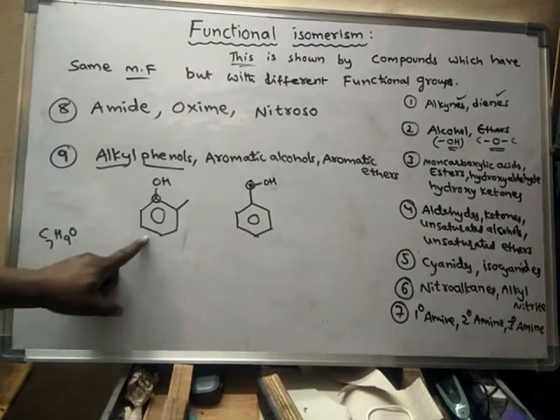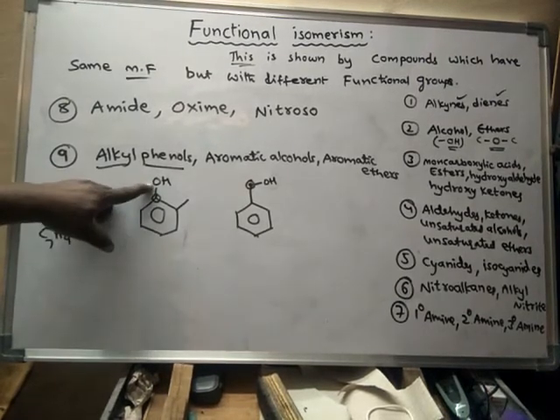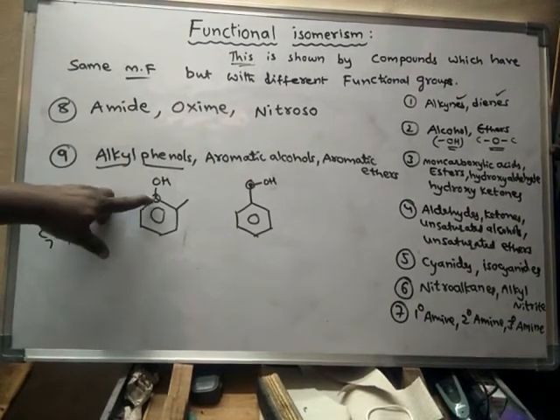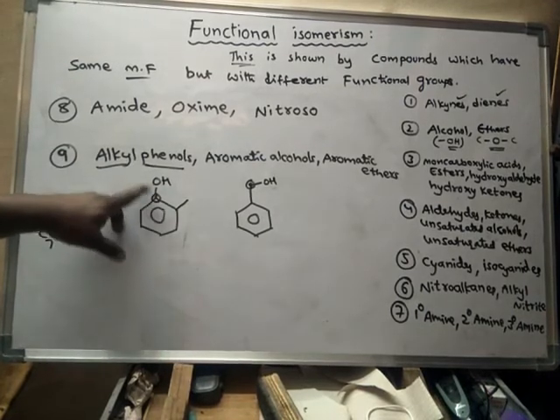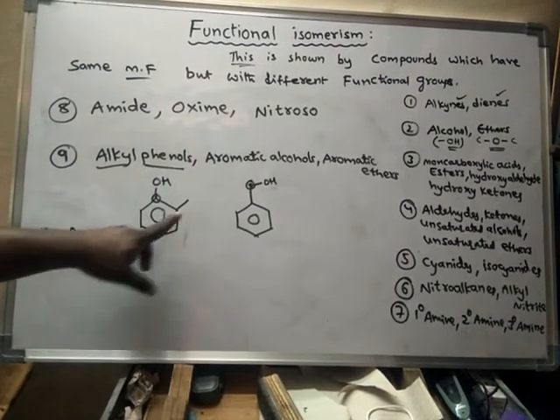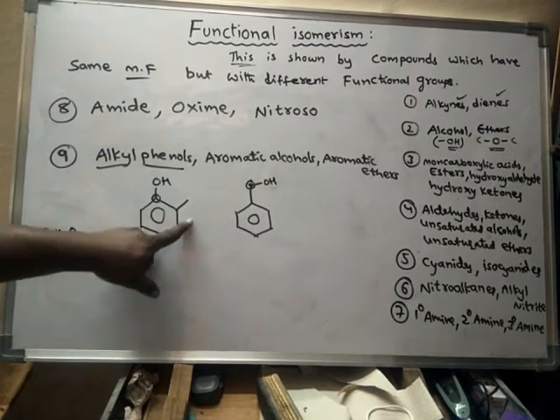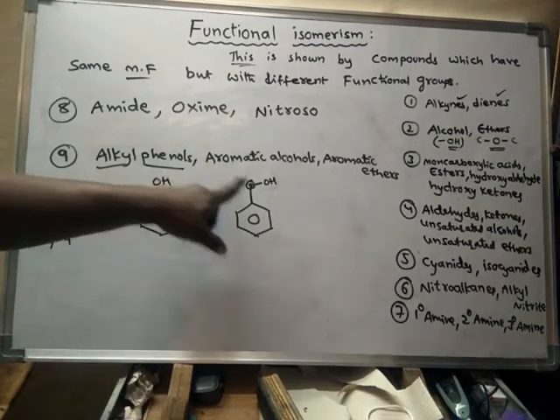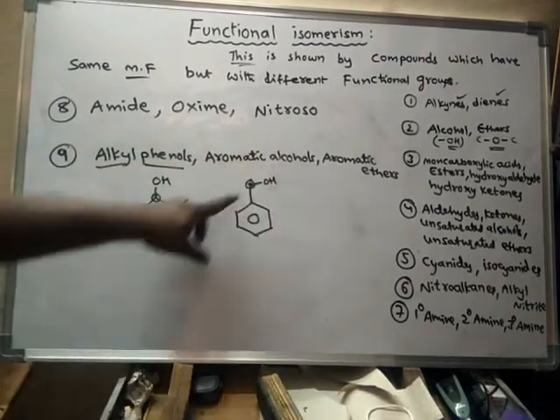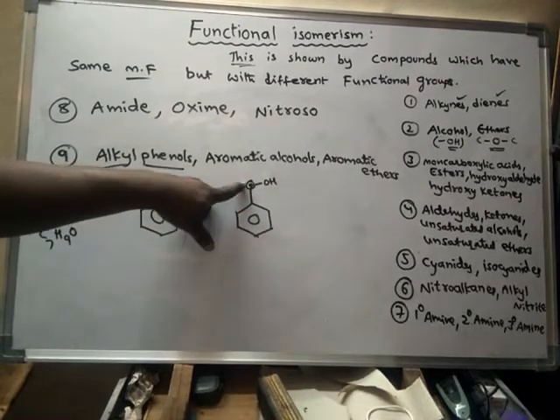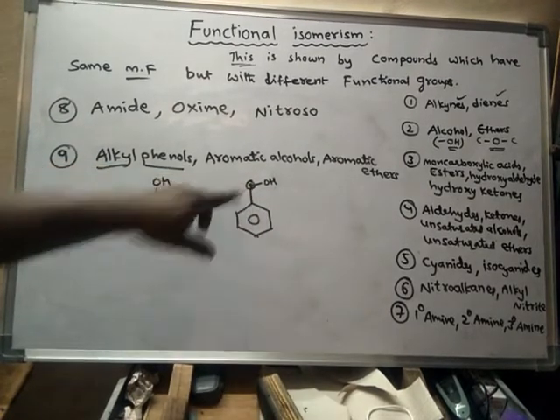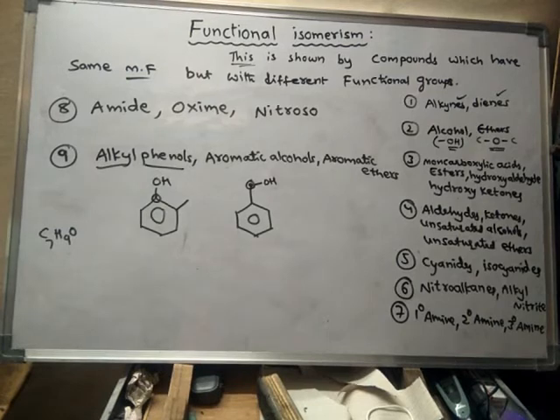If the OH group is attached to the carbon which is part of the ring, it is said to be phenol, and the alkyl is a substituent, so alkyl phenols. Here they are said to be aromatic alcohols, where the OH group is attached to a carbon which is not part of the ring.